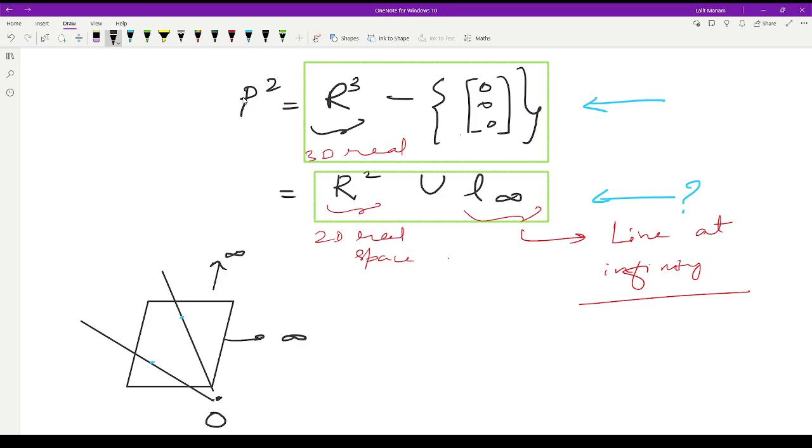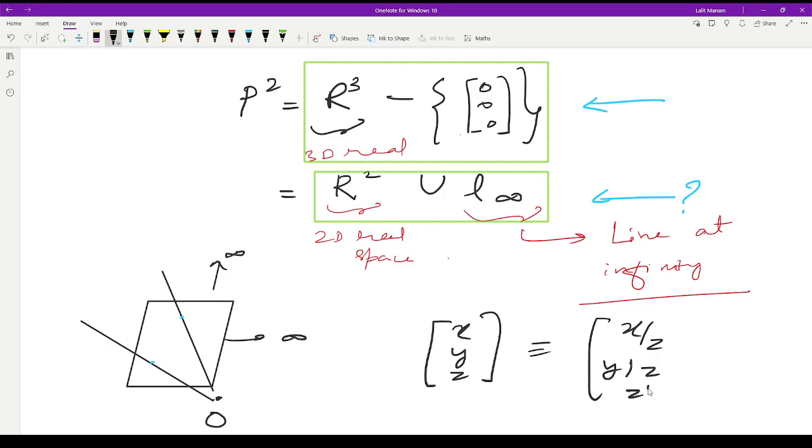As someone said, we take projective space, we have elements like x, y, z, which is the same as dividing it by the third element. So dividing it by the third element always gives us the last element as 1, and there are some other elements which have some value.